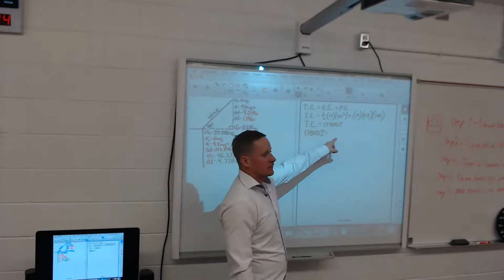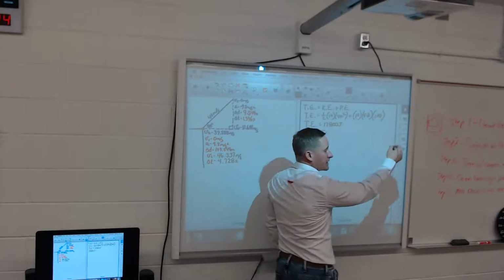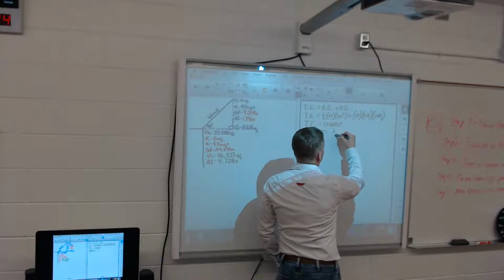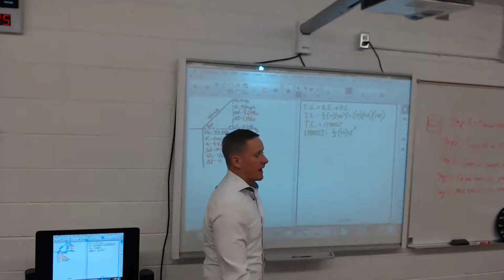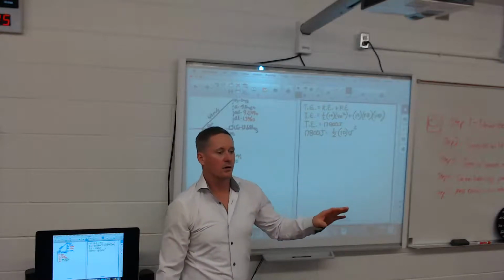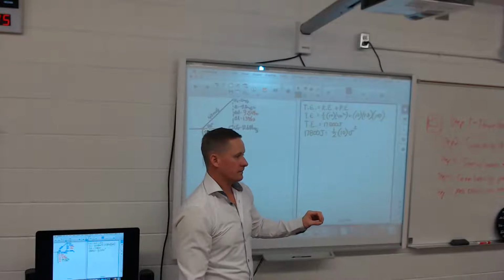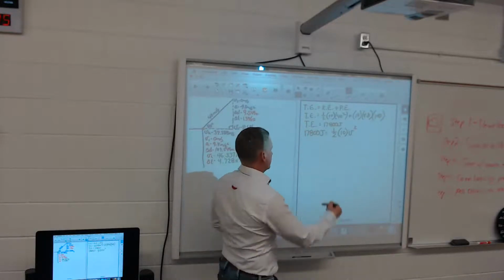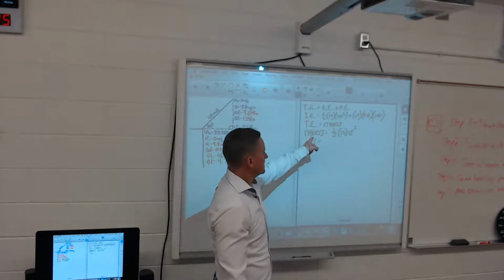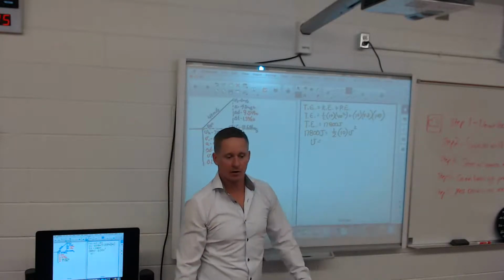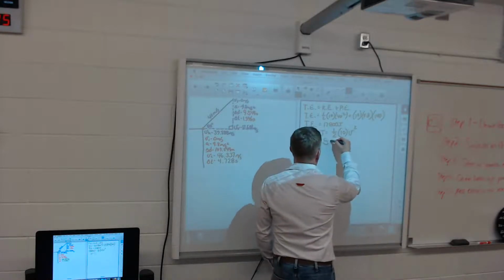The final velocity will be a combined velocity, because I have 0 potential energy, and I want to find out what this is here. So that is going to be the combined horizontal and vertical velocity. Follow? Yep. So now I get my V. I take 17,800 divided by 5 and the square root of it, and I get 59.666.